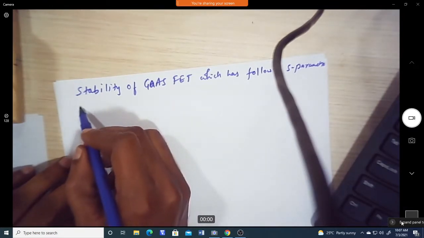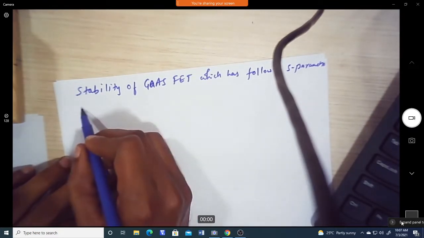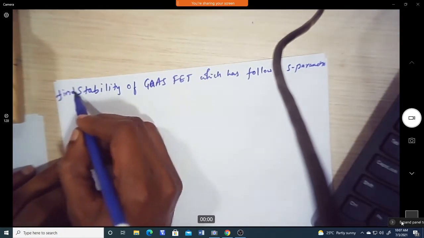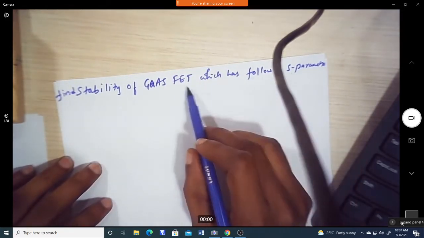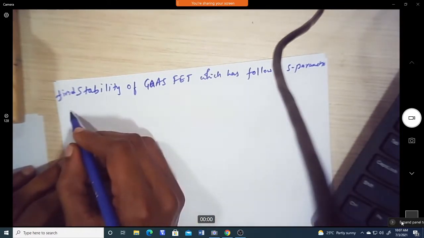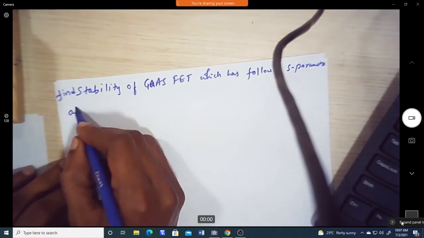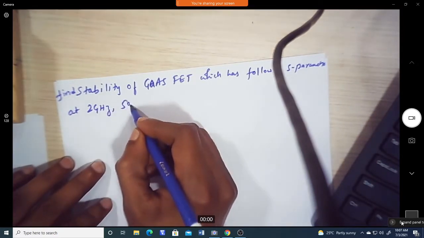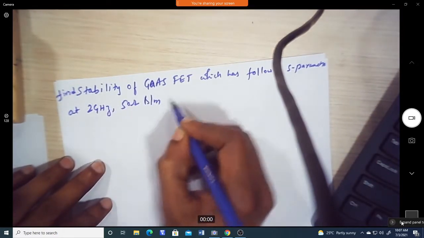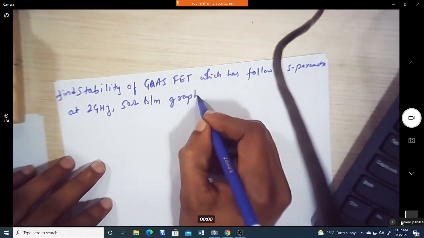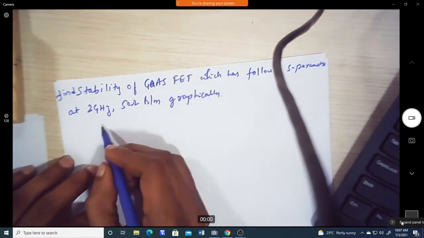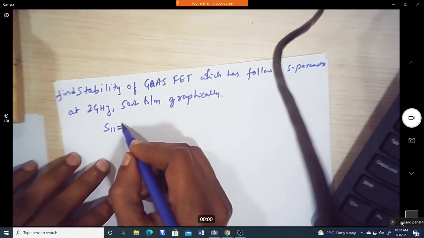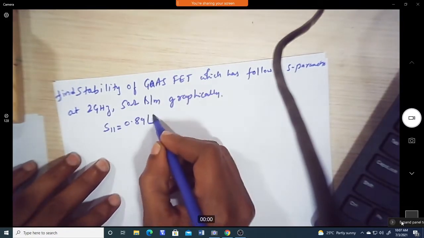We have to find the stability of this gallium arsenide FET at 2 gigahertz with a 50 ohm system, graphically. We saw the mathematical part yesterday, so today we have to do the graphical part.